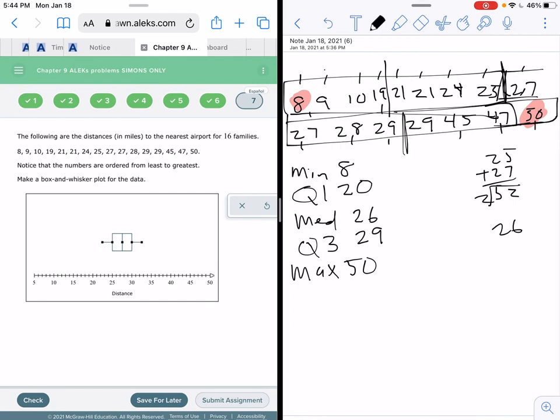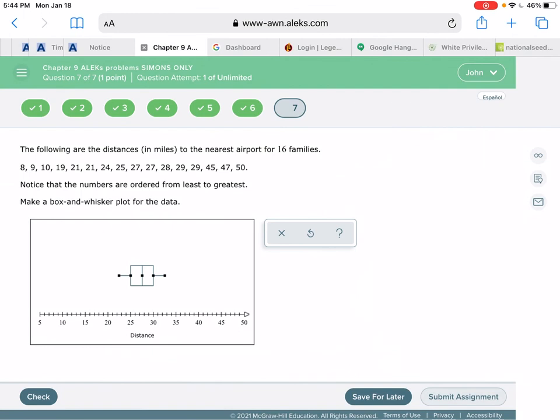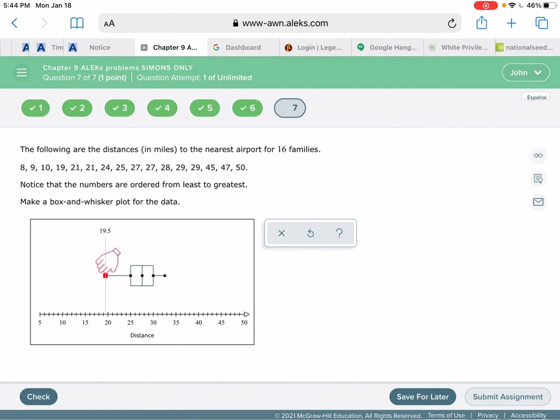All right, so what I'm going to do is work with it right here. My minimum is 8, so I'm going to grab this and look at that number until it gets me to 8, and then I'm going to stop. Now, for my quartile 1, I'm going to grab this number and go till it brings me to 20.